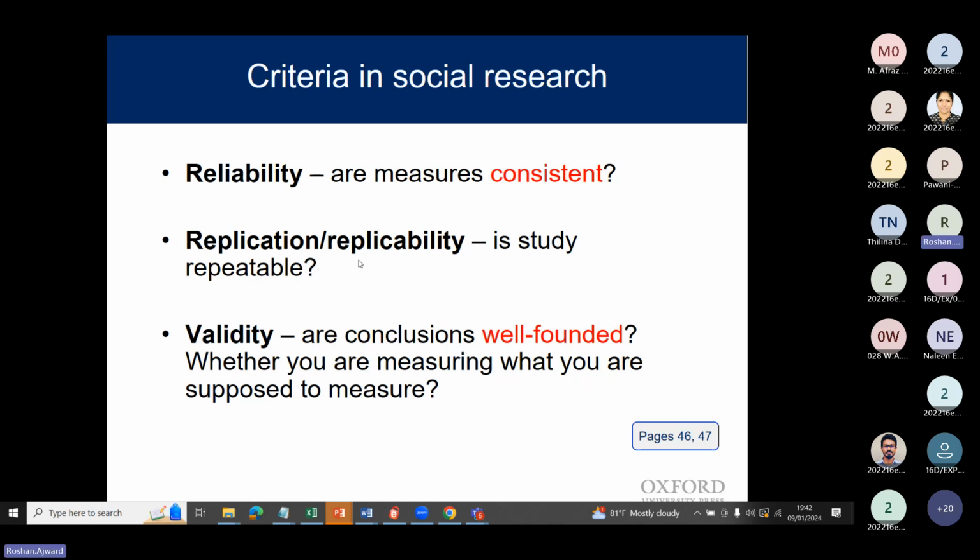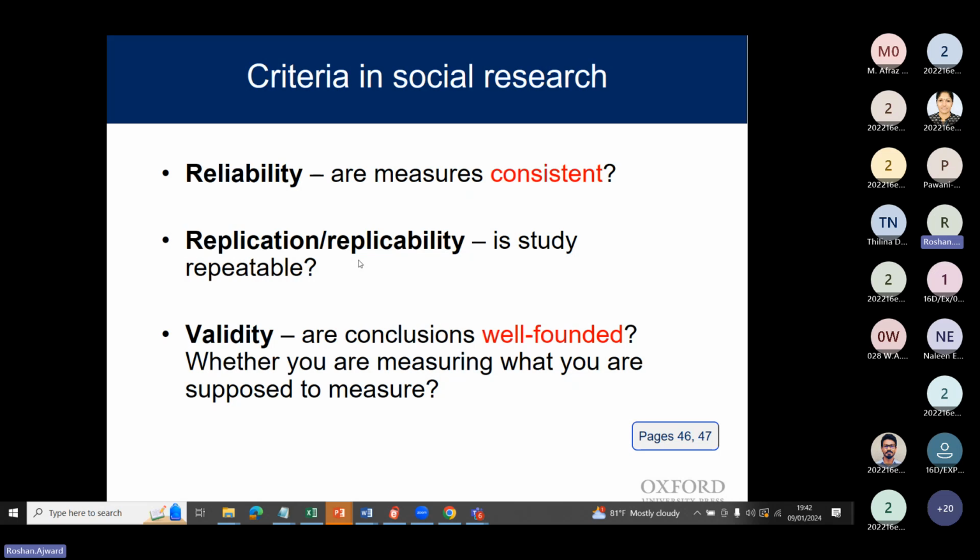You can repeat this, of course with slight modification, but again, you can repeat. That's called replicability. Scientific experiments should be able to replicate and get almost the same results. So that's called replication. Whether you can repeat a study.